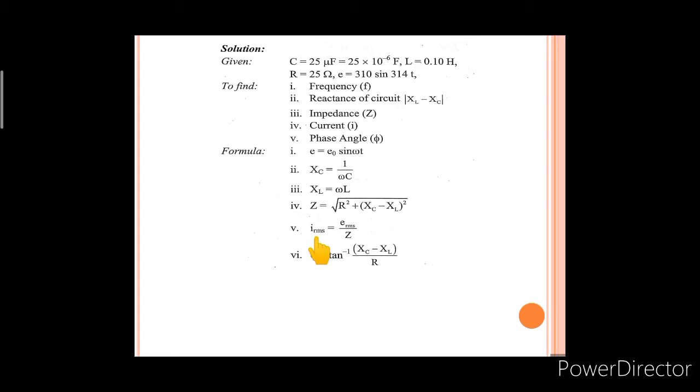Then IRMS is to be calculated by using the formula ERMS upon Z, and the phase angle phi can be calculated by using the formula tan inverse of XC minus XL upon R.